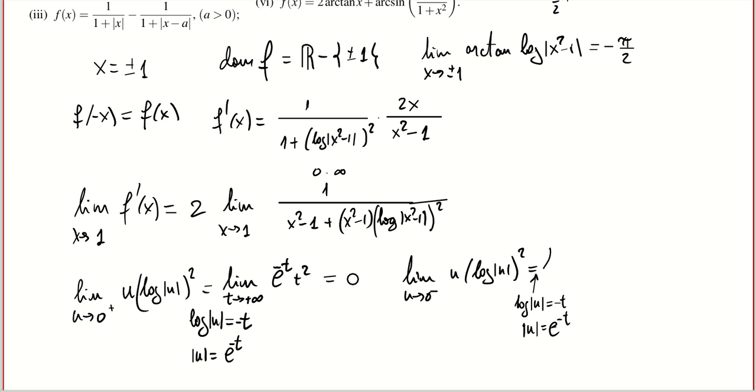And then the limit here is the limit when t goes to infinity, all right? And u is negative this, so minus e to minus t, and then you multiply by minus t squared, which is t squared here. Again, it doesn't matter whether you have a minus here, the limit of this is going to be 0, so the limit when u goes to 0 of this expression is 0.